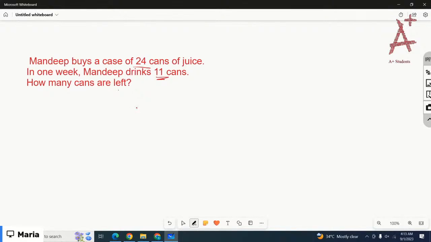How many cans are left? So he bought 24. In 1 week, he drinks 11 cans. So 24 minus 11 is 13. That means he has 13 cans now, right?